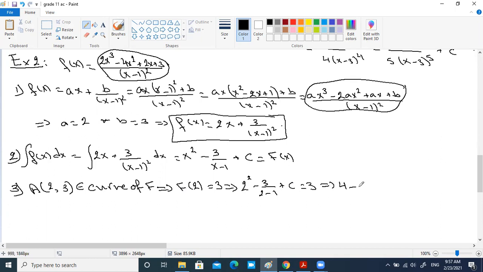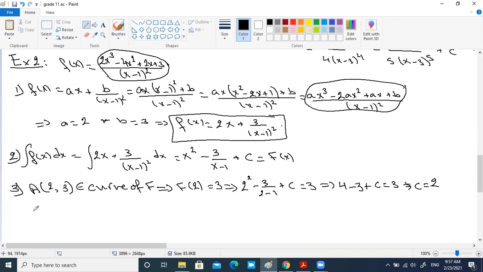It means that 4 minus 3 plus c is equal to 3, so c is equal to, taking everything to the right side, 6 minus 4, which is 2.